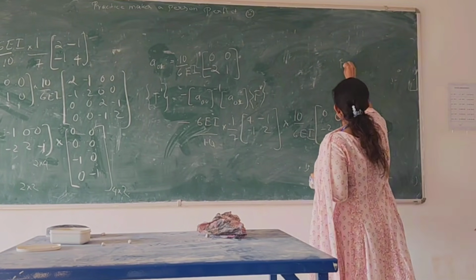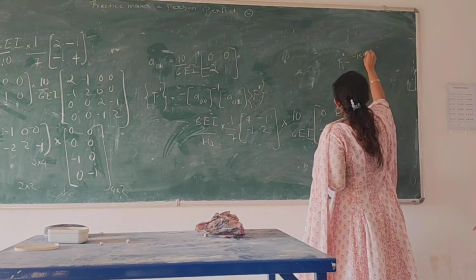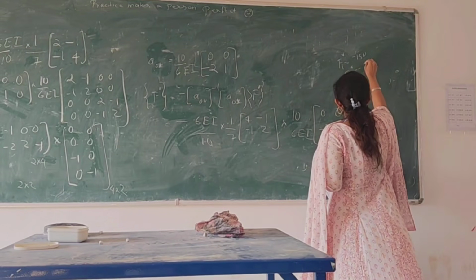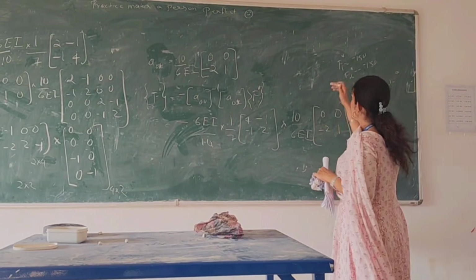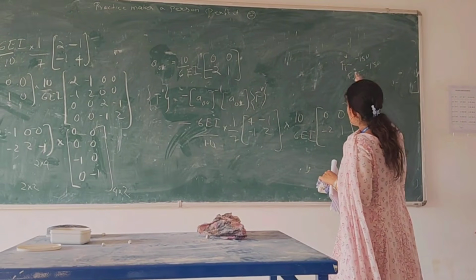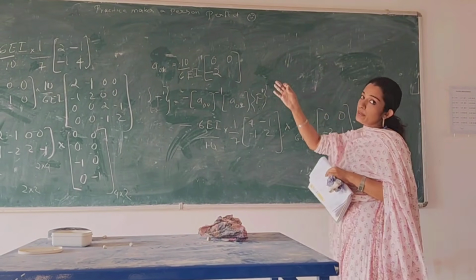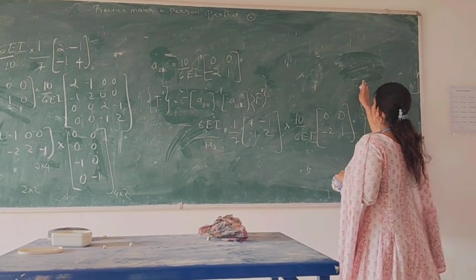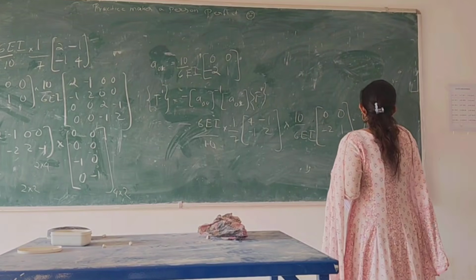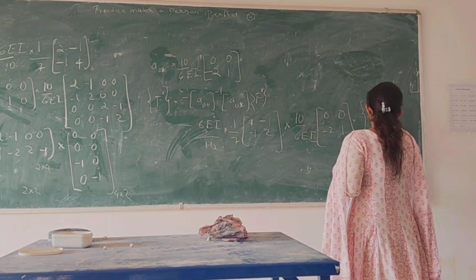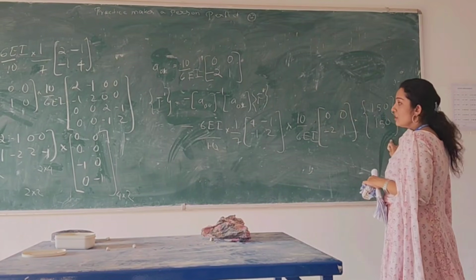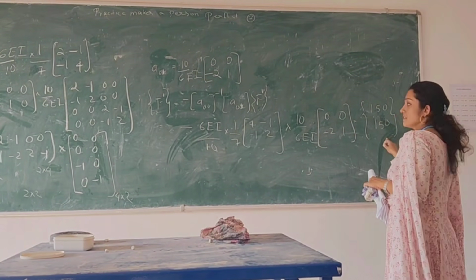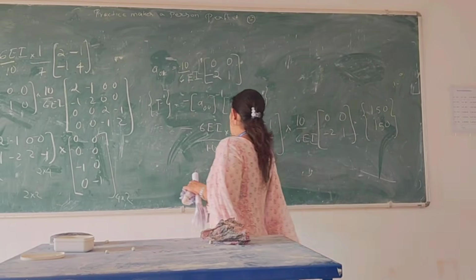Even though F1 star was minus 150 and F2 star was again minus 150, we are not going to take the directions twice, because they have already been accounted for when we are constructing the B matrix or the force transformation matrix. It was minus 1, right? So I am only going to take the positive value here. Always do like this. Okay? If you are considering it there, please don't consider it here. Otherwise, if you are not considering it there, please consider it here. Okay? So don't take it twice.